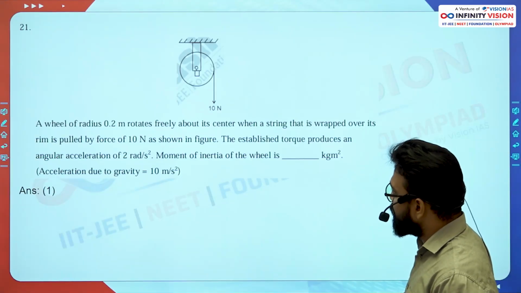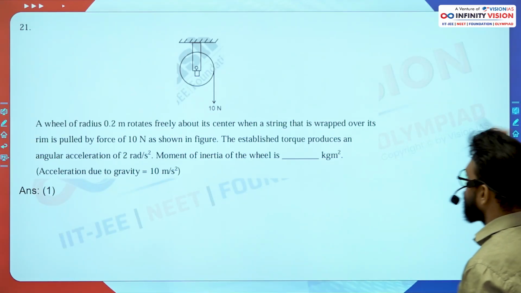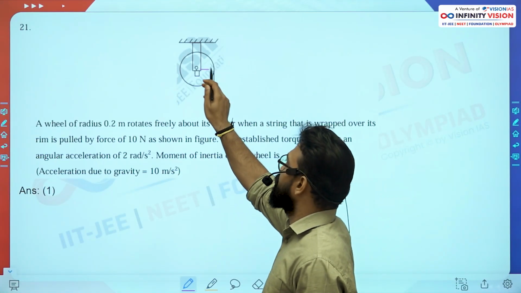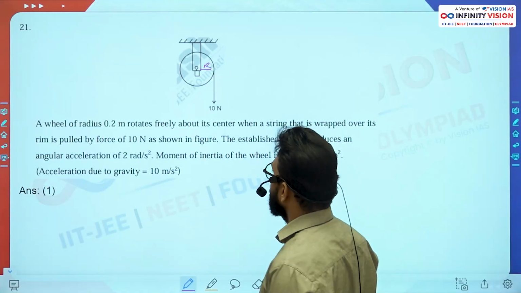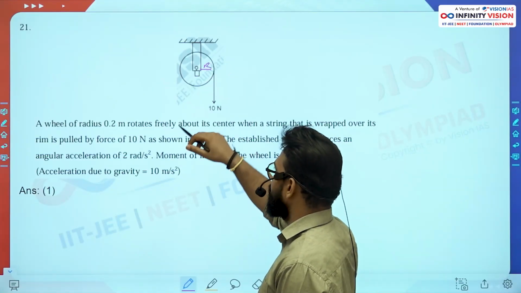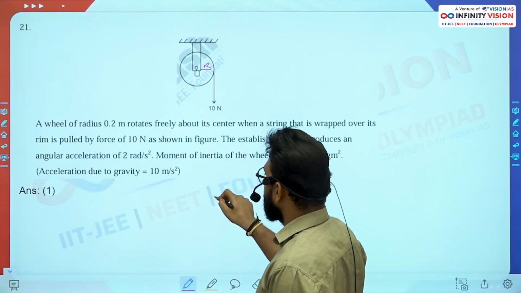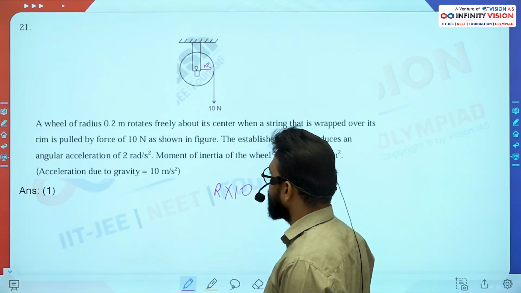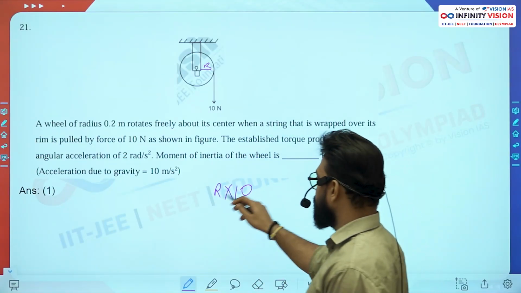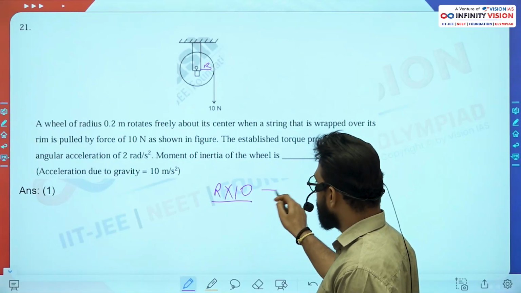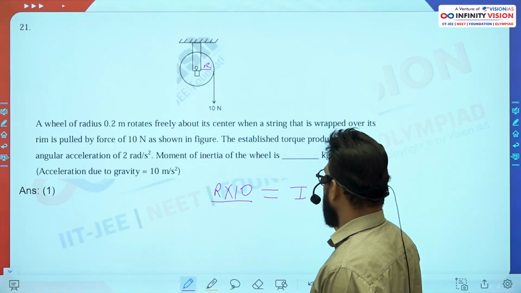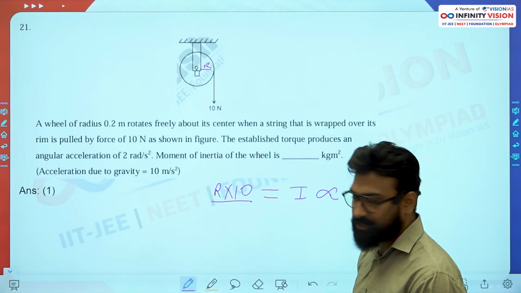So the moment of inertia of the wheel is what we need to find. Let the radius be r. The torque would be r cross 10. This torque must be equal to I alpha, where alpha is the angular acceleration.